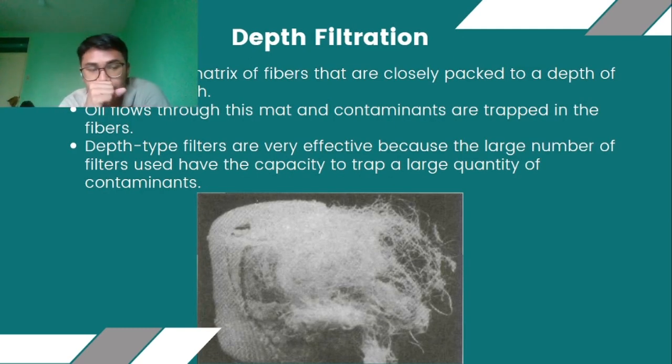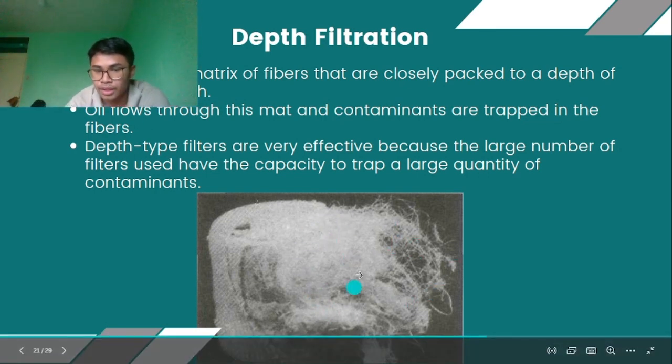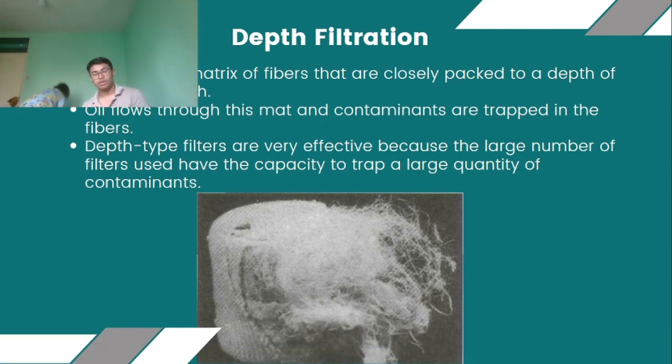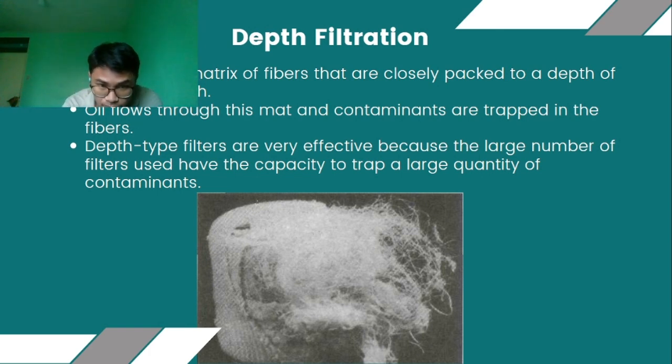First is the depth filtration. Our depth filtration consists of a closely packed matrix of fibers. So, as you can see, it is really compact with fibers. Then, when oil passes through, it traps the contaminants because it is a matrix of fibers, right? So, it has divided fibers. It traps contaminants, either large or small. So, that is the depth filtration.